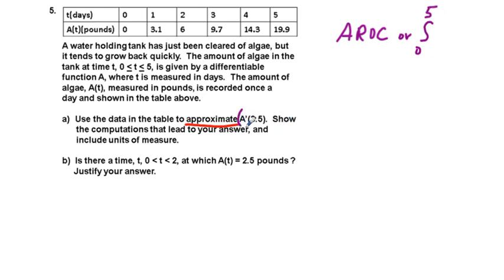Well, A prime you find by taking an average of A. An estimation of A prime would be the average of the change of the slope in A. And so 3.5 is right here between 3 and 4.